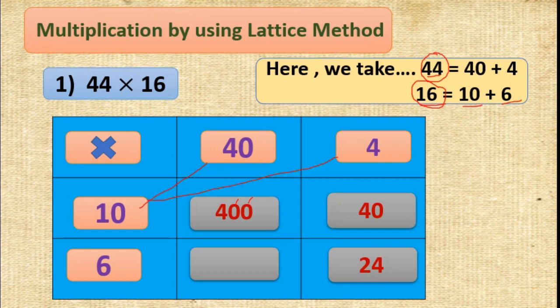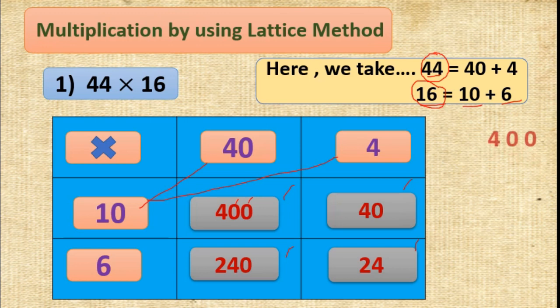And again here 6 4s are 24 plus 1 zero, that is 240. Now all 4 numbers we will write in order and we will add that.